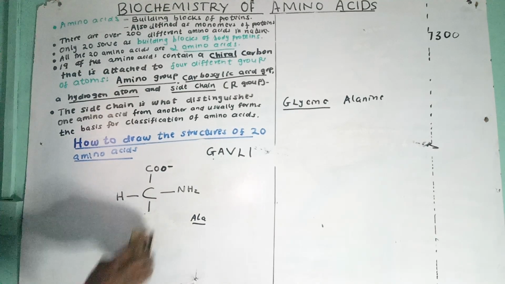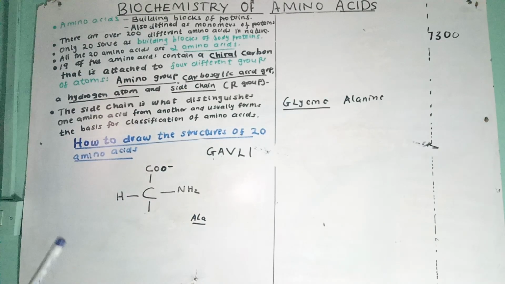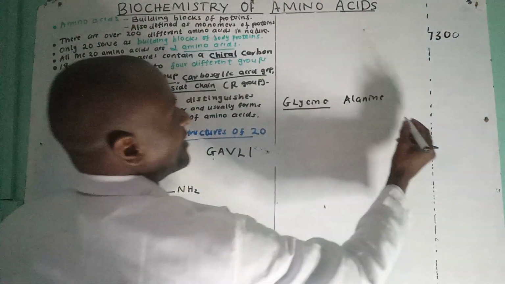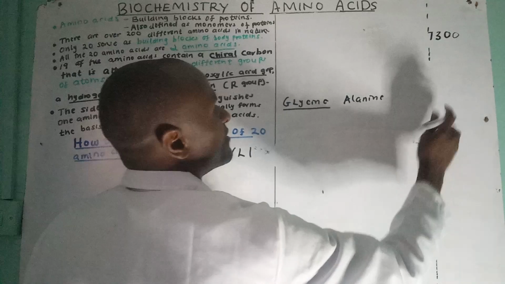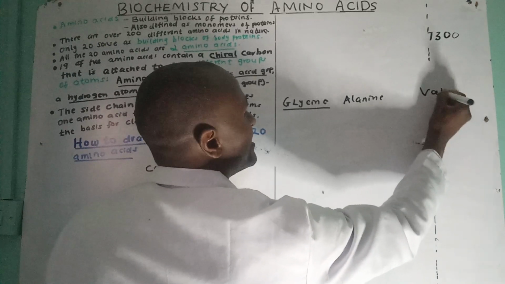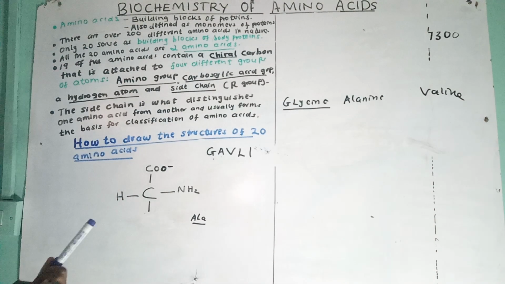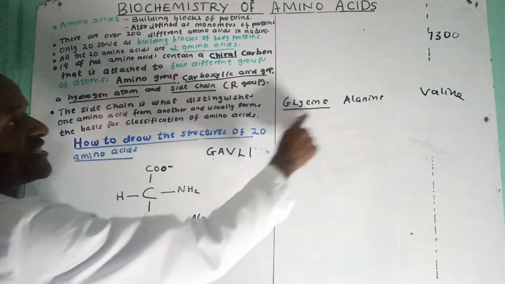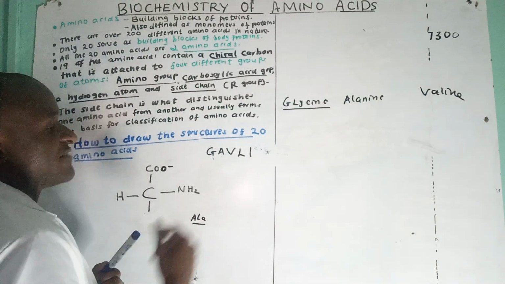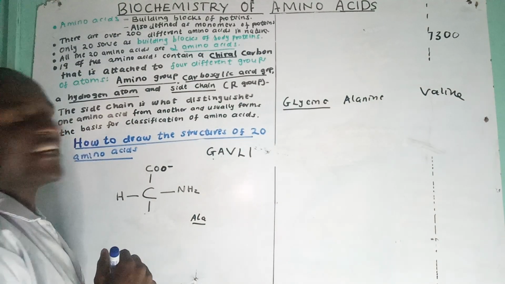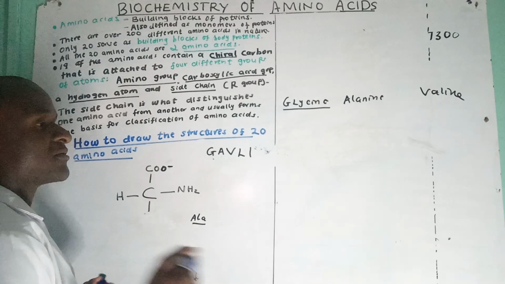The next structure is valine. So we've drawn glycine, alanine, then next structure is valine. For you to remember valine, valine forms a V shape.